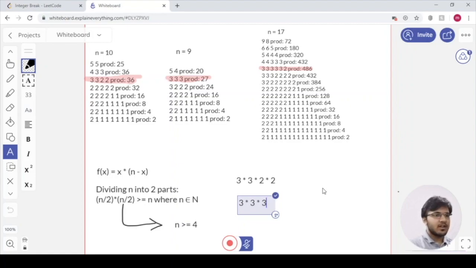So 3 into 8. Again take 3. So 3 into 5. Again take 3. So 3 into 2. So all our conditions are satisfied. We have got the maximum number of 3s and we have only got 3s and 2s. And we can even match this result here. Yes, these match. So this is our answer.